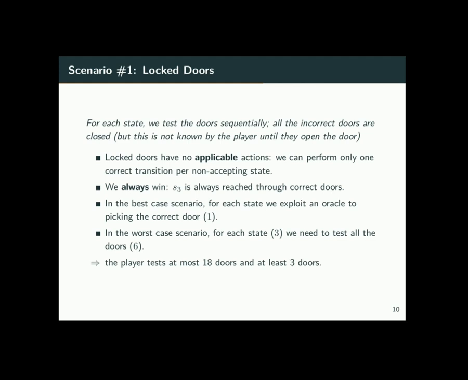So the consequence would be that I can never transit from one state to the other by taking a wrong door and as a consequence arrive at a final state without taking the correct door. So I'm always transiting from one state to the other in a successful way, and so I'm always guaranteed to win.